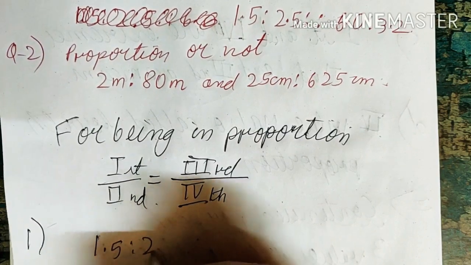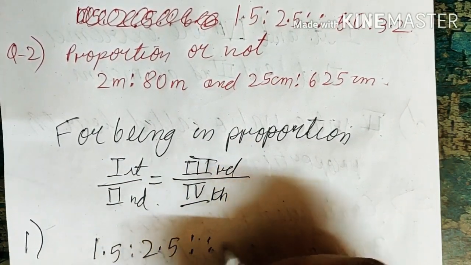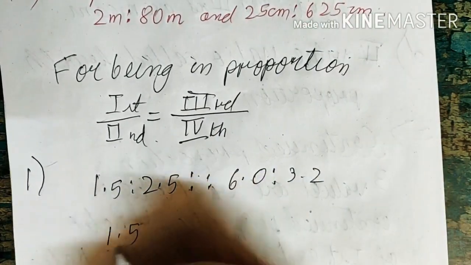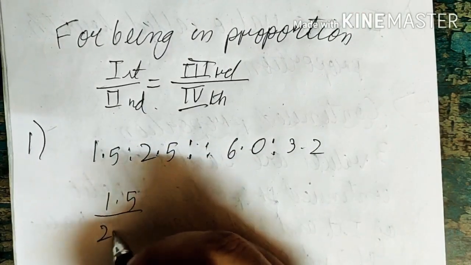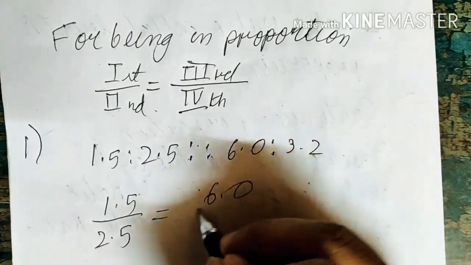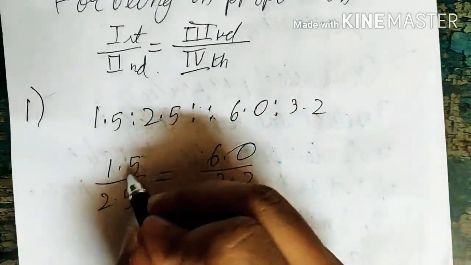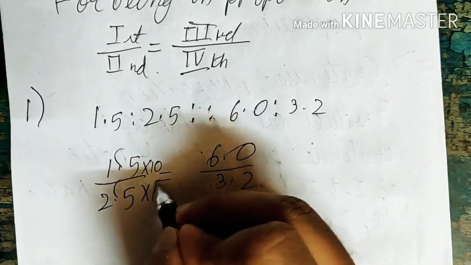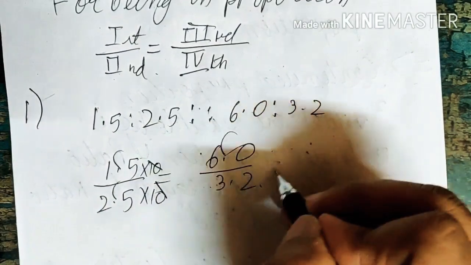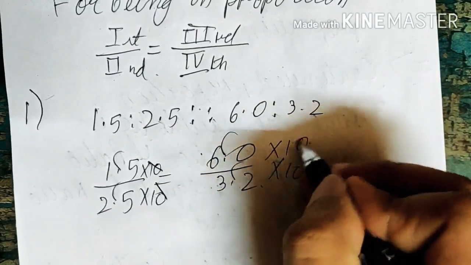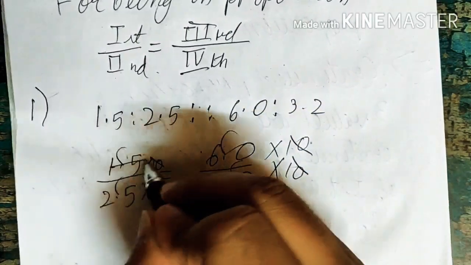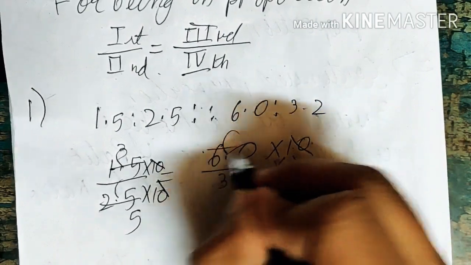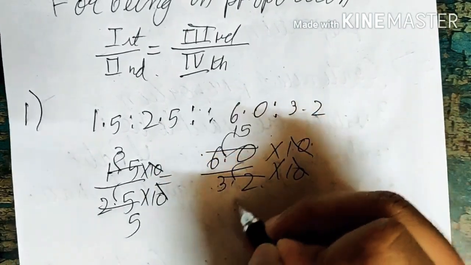So our first question here is, we have to check whether 1.5 is to 2.5 is in proportion with 6.0 is to 3.2. That is 1.5 upon 2.5 equals 6.0 upon 3.2. Removing the decimal we will get a 10 here, removing this decimal we will get 10 here also, so this will be cancelled. Divided by 5 we will get 3 by 5, and divided by 4 we will get 15 by 8.